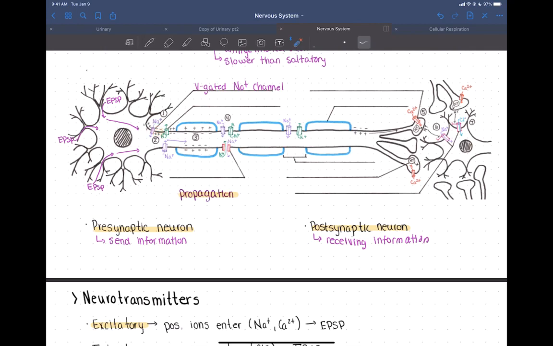Then our voltage-gated potassium channels are going to open at that positive depolarized potential and allow potassium to rush out of the cell. That will repolarize. So what we've done is these EPSPs added together, brought that axon hillock to threshold, and started an action potential at that axon hillock.